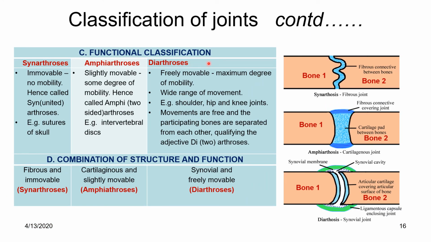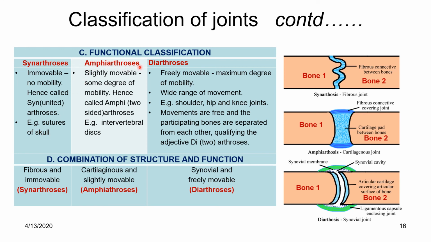The functional classification. We have classified into synarthrosis, amphiarthrosis and diarthrosis: no movement, slight movement, free movement. So let us see the features now. Immovable joints with no mobility are called synarthrosis. Syn means united. An example is the sutures of the skull.